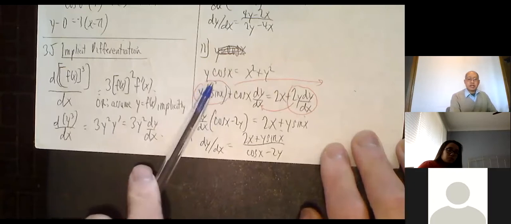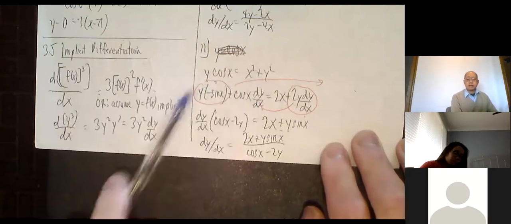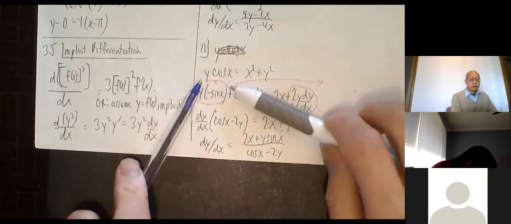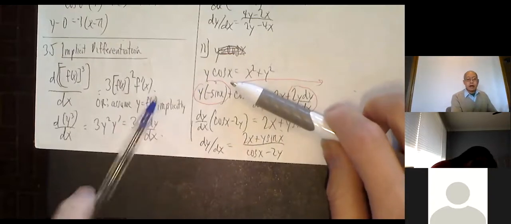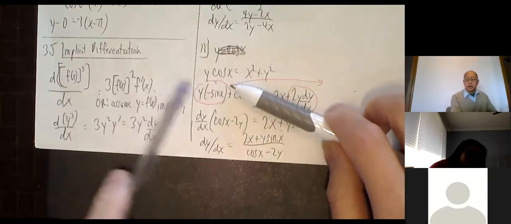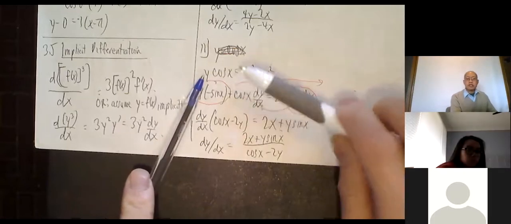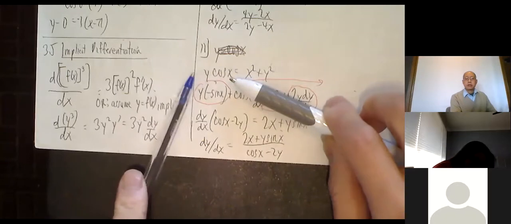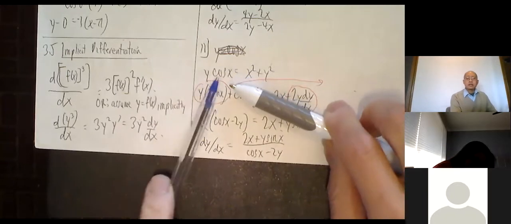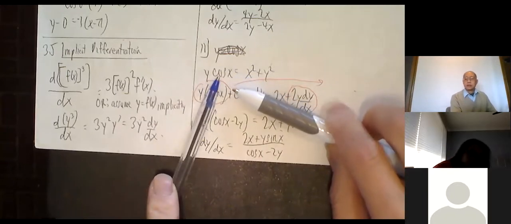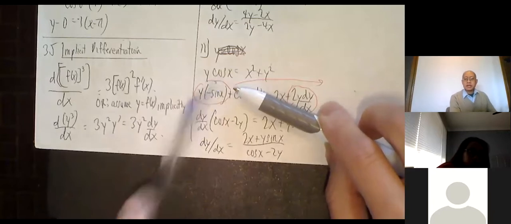Okay, so differentiate the left side, differentiate the right side. y cosine x. Product rule, right? It's a product. First function, second function. So copy the first times the derivative of the second. What's the derivative of cosine x?